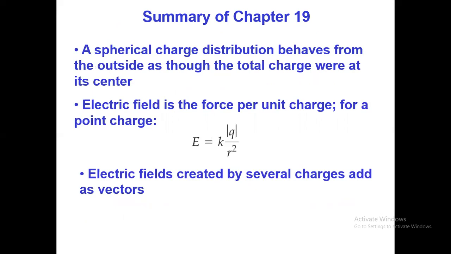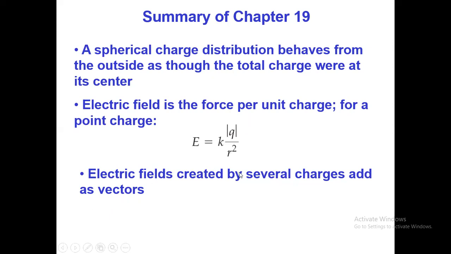Now, after that, we discussed that a spherical charge distribution behaves, from outside, as though the total charge is at its center. Electric field is the force per charge for a point charge. Mainly the concept of electric field intensity is derived from Coulomb's law. The formula is E = KQ upon R square.